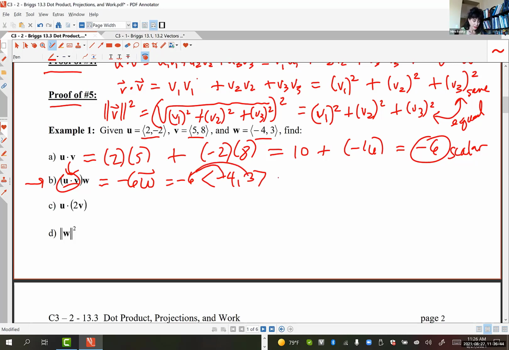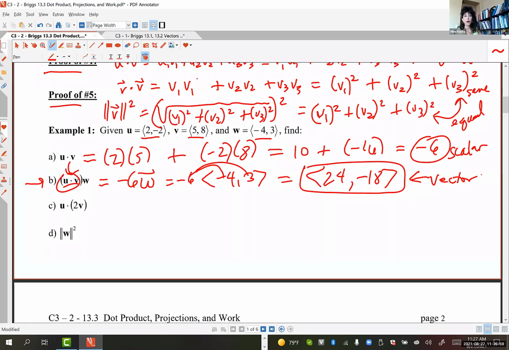It's something else. You're going to distribute your scalar multiple, and I get the vector 24, negative 18. Well, I thought you said dot product gives a scalar. I did. But this involved the scalar dot product multiplying with a vector, and that's called scalar multiplication. That gives a vector result.